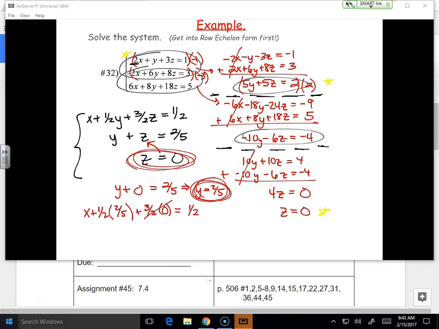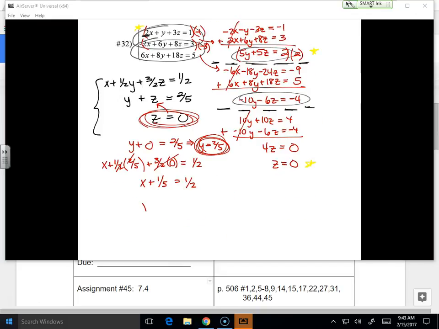That's just 0. x plus 1/5 equals 1/2. The 2's reduced. Maybe some common denominators, like x plus 2/10 equals 5/10. Subtract 2/10, x equals 3/10.